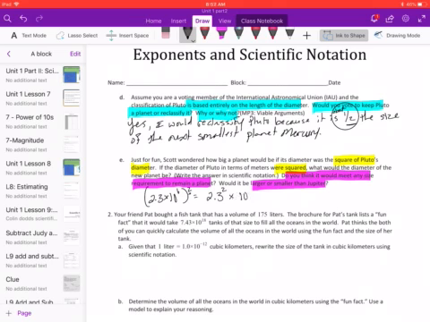So it's 2.3 squared times 10 to the 6th squared. Raising a power to a power, I multiply, so that's 10 to the 12th. And then I need to do 2.3 squared. And 2.3 squared is 5.29. So Pluto's new diameter would be 5.29 times 10 to the 12th meters.